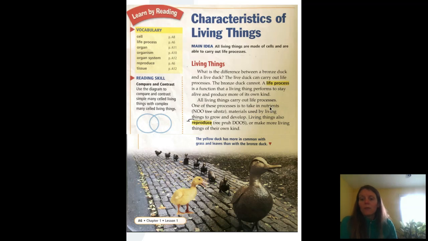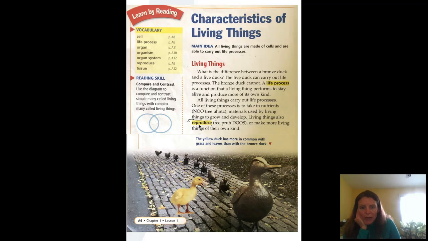Depends what kind of animal it is. They might take in meats. They might take in plants. Depends what they're born to eat, pretty much, whether they're carnivores or herbivores or omnivores, and they do both.